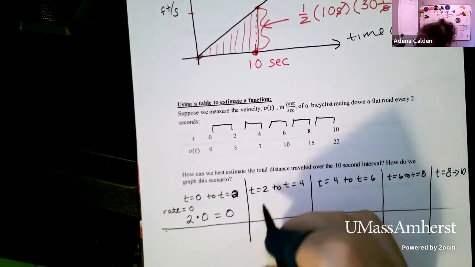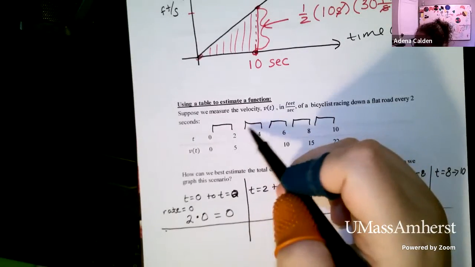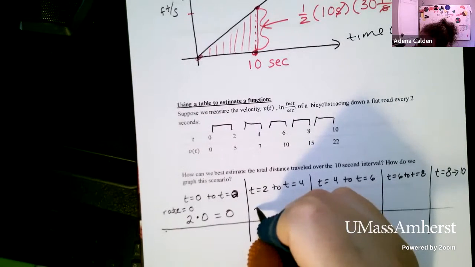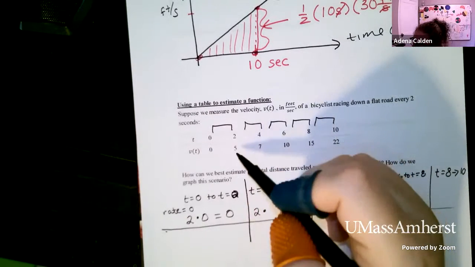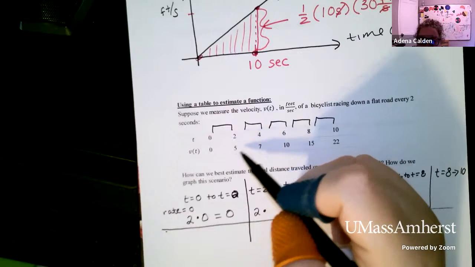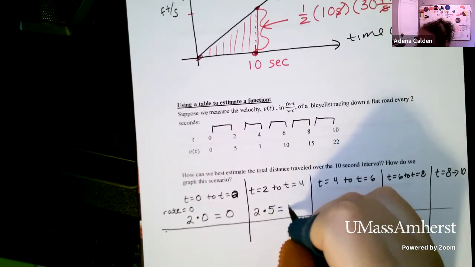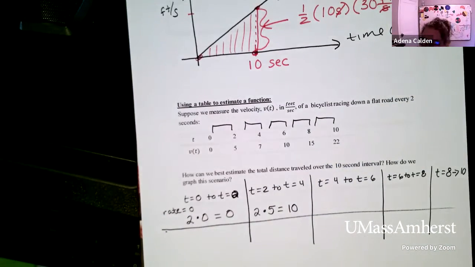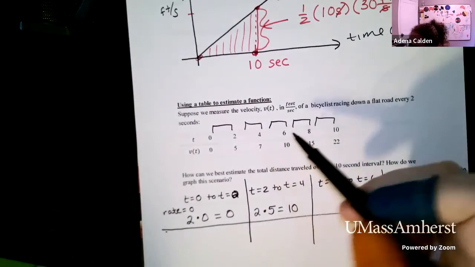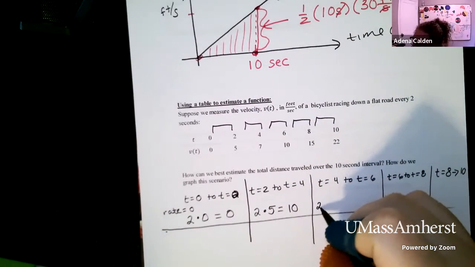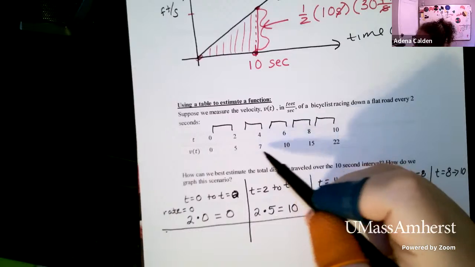Okay. Now from time equals 2 to time equals 4, that's another 2 seconds. So my time is 2 seconds. And now my rate, I'm going to pick the one on the left to be consistent. So that's 5. 2 times 5 gives me 10 feet for that 2 second interval. From time 4 to time 6, that's another 2 seconds. I pick the rate on the left, which is 7.